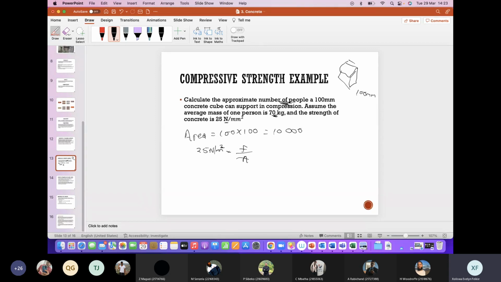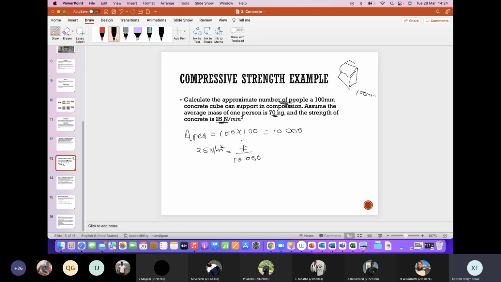So if you have here that value, it means that you come here and substitute the 10,000. Where do you get it? You get it from there. That's the area. It means that we have a cube that they told us the compressive strength is this, and they gave us a dimension.